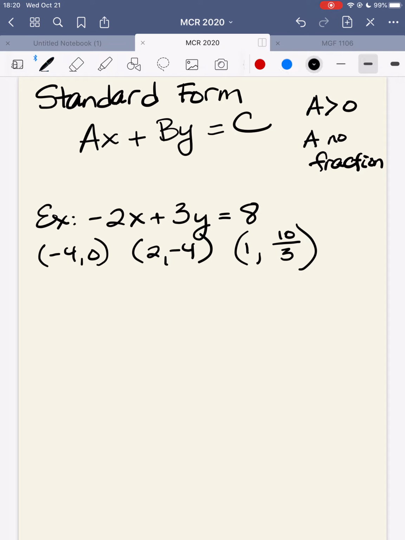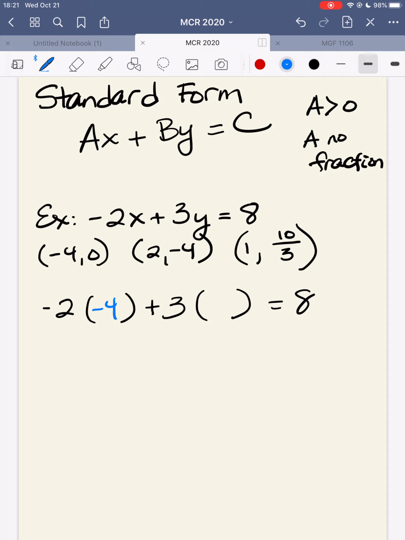So the first thing I want to do, same as when I did replacement with one variable, is write out my equation. And anywhere there's a variable, I'm going to put a set of parentheses. Okay. The first one I'm going to look at is -4, 0. So in this case, x is -4. Wherever there's an x, I'm going to put -4.